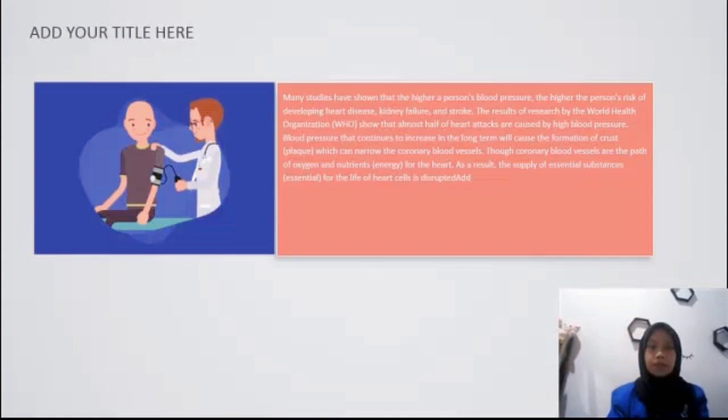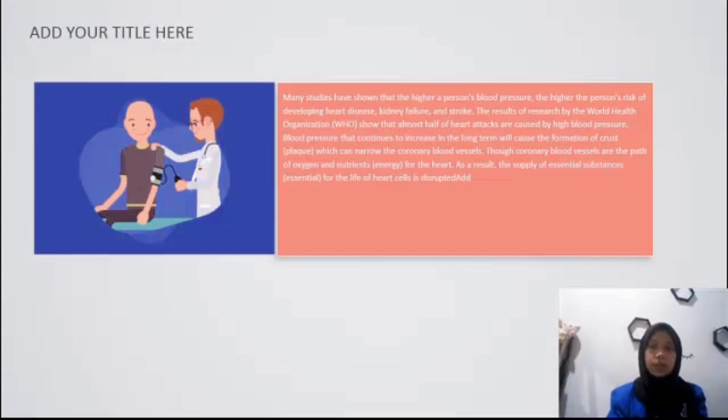Blood pressure that continues to increase in the long term will cause the formation of plaque, which can narrow the coronary blood vessels.